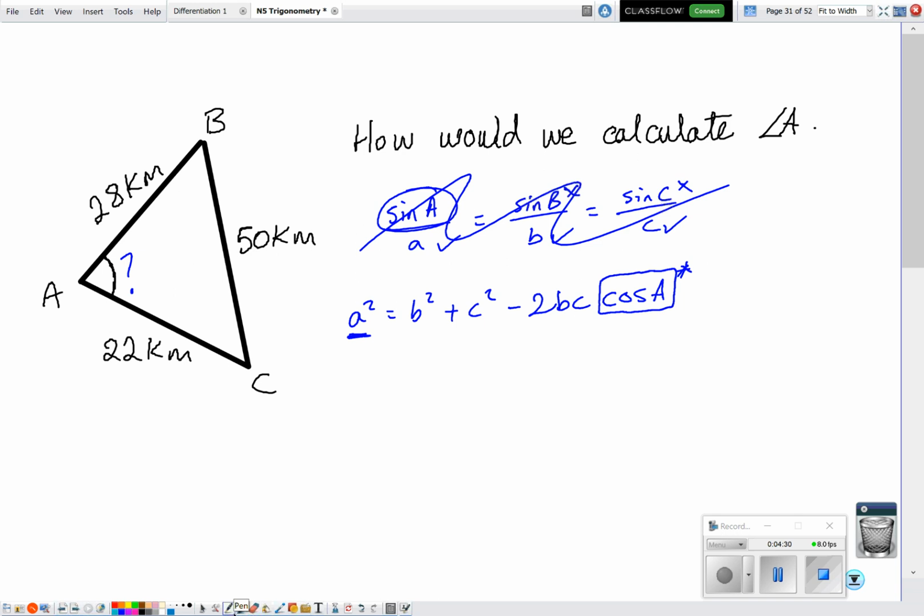So do I know enough of the rest of the information then? Well, I know this is just the length of side a, that's 50. I know this, that's just the length of side b, that's 22. I know this, that's just the length of side c, that's 28. Remember, opposite sides.